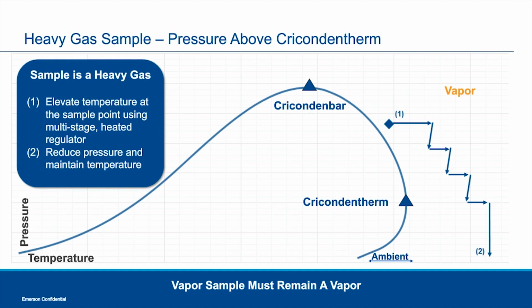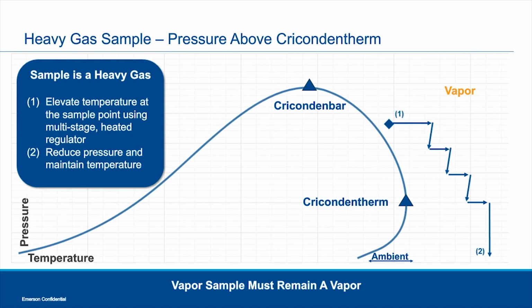You're probably going from maybe 1,000 psi down to about 30 psi. If you just did a little bit of a temperature increase and then quickly dropped the pressure, you could still pass through the curve into the 2-phase zone. So you're going to do this in steps: apply temperature, reduce pressure, apply temperature, reduce pressure.